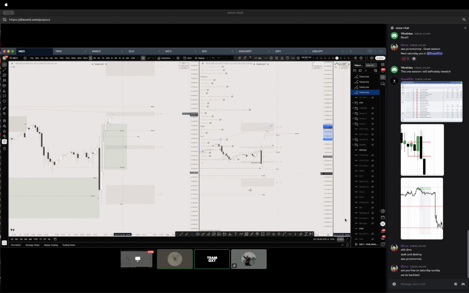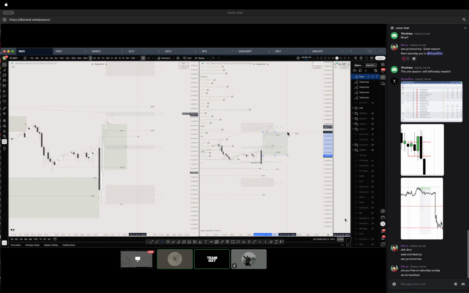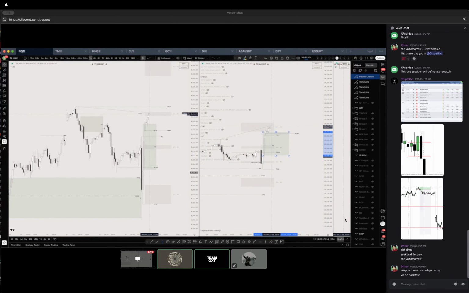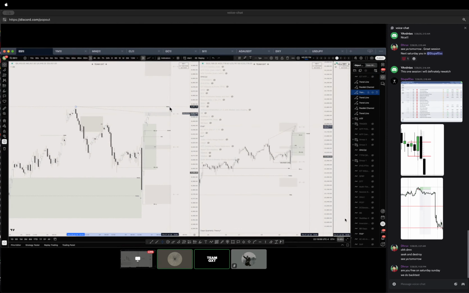I don't think there's too much more to say about this. We're coming back to all-time highs. We can see what happens when ES hits this objective right here. I guess this is all-time high for right now. We can see if we get a reversal signature or consolidation or just continuations.